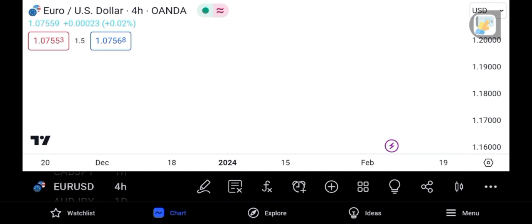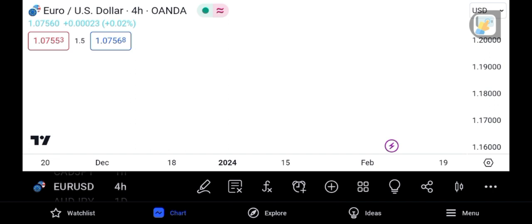The uptrend simply means when the market is moving in an upward direction. The downtrend simply means when the market is moving in a downward direction. Then the consolidation is when the market is moving sideways, when there is no clear direction.